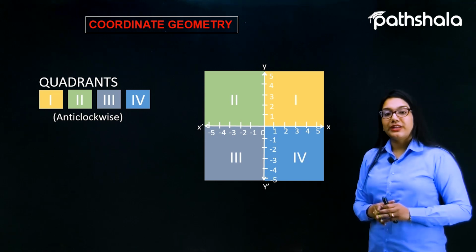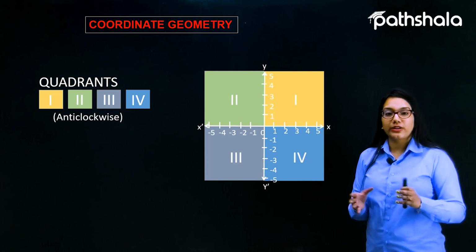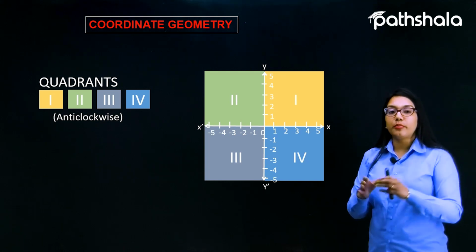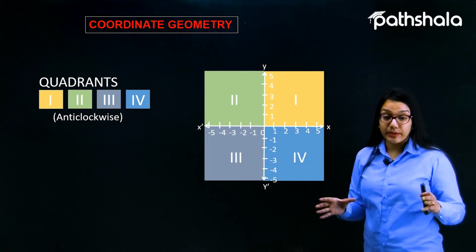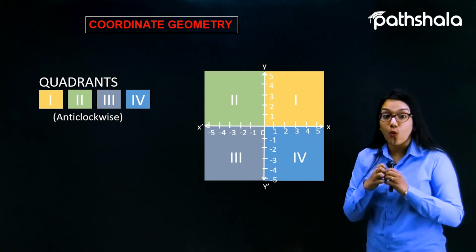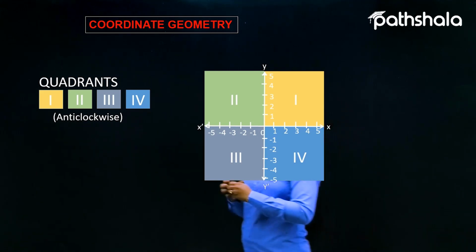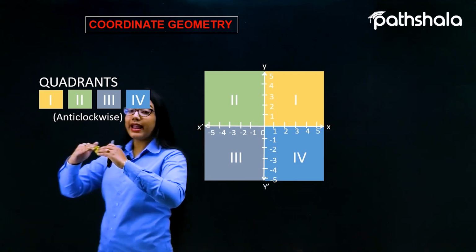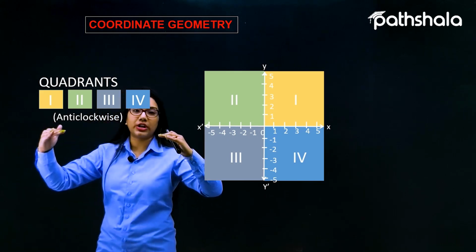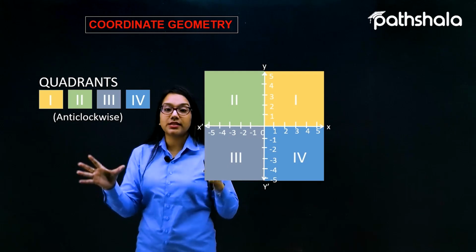So whenever we draw the axes in a particular plane, they will divide the plane into 4 sections, and those 4 sections are called quadrants. And we always have to take the quadrants in an anti-clockwise direction.